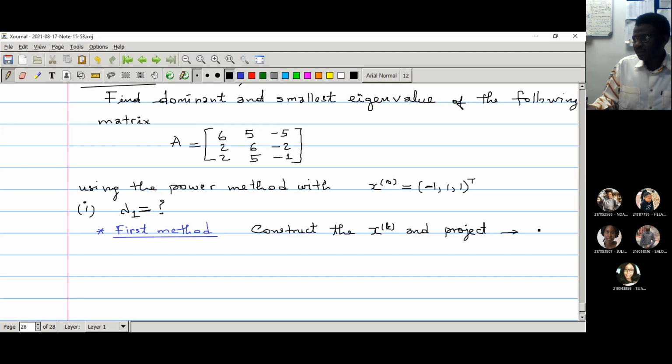And that would allow us to get the lambda 1 k.